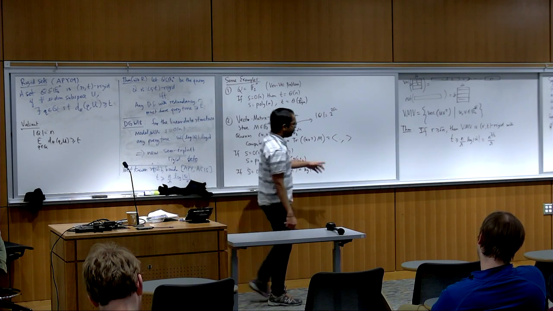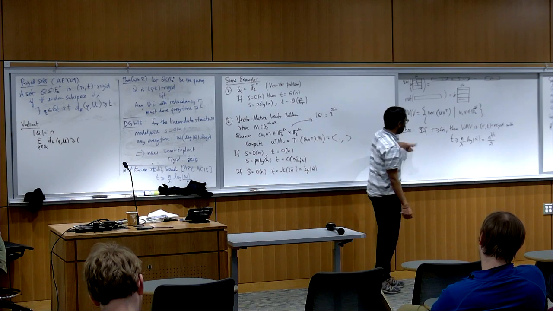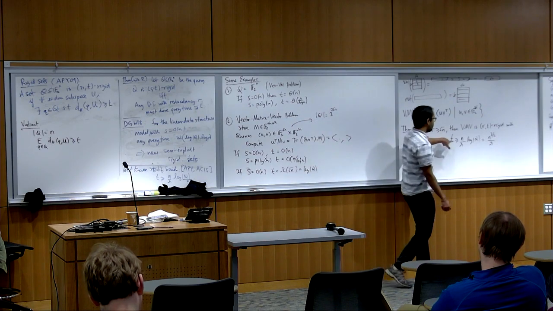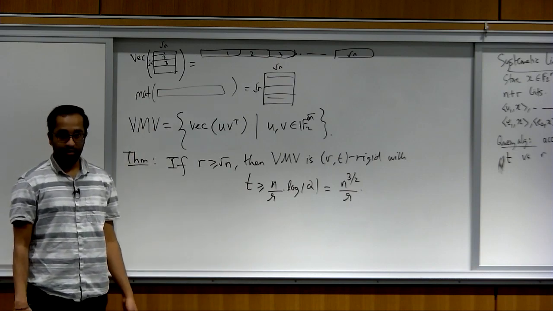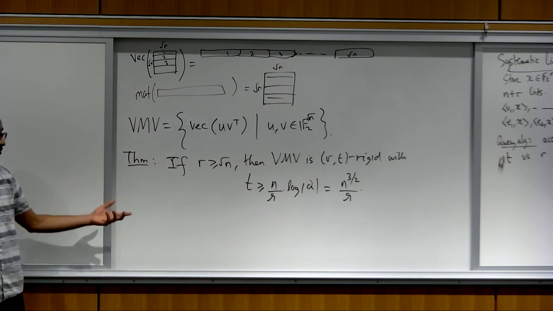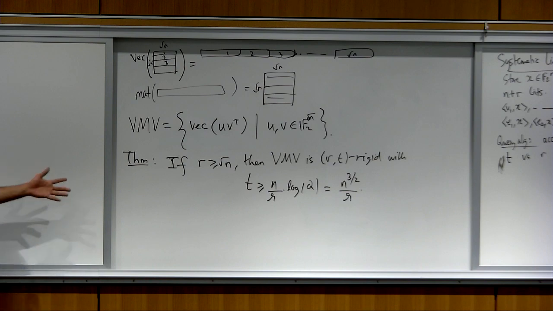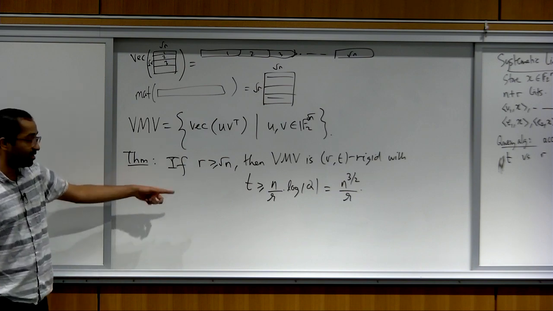We don't know of any upper bounds getting anywhere near here, and we don't know what the right answer is. But it's a nice open problem to actually improve this bound.